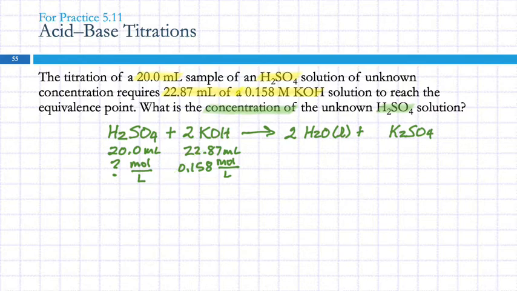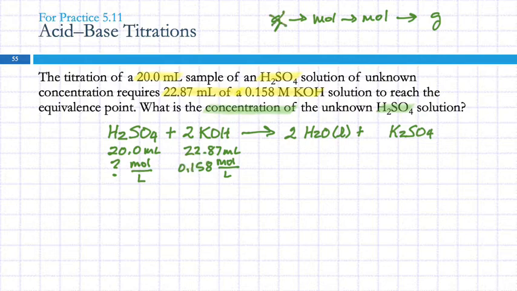Okay, so our basic path is grams to moles to grams, right? That's the starting point for stoichiometry. And then we're going to look at do we need to switch up the ends? Well, are we given the mass? This is our starting thing, the KOH. We're not given the mass, we're given the volume, right?